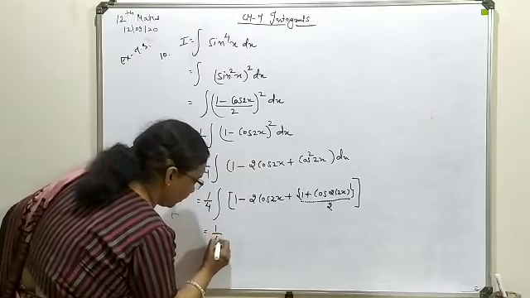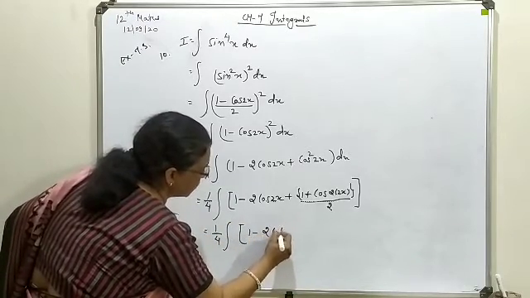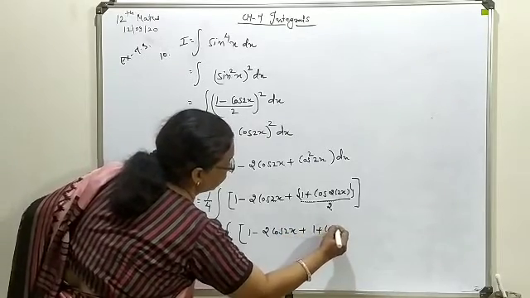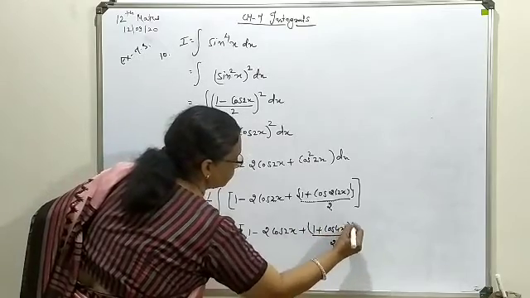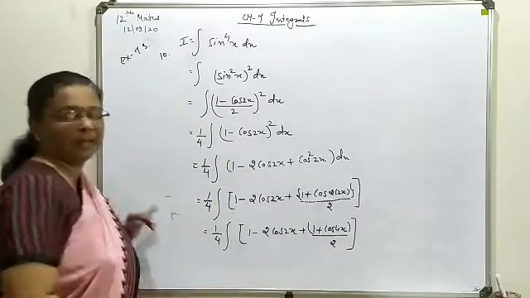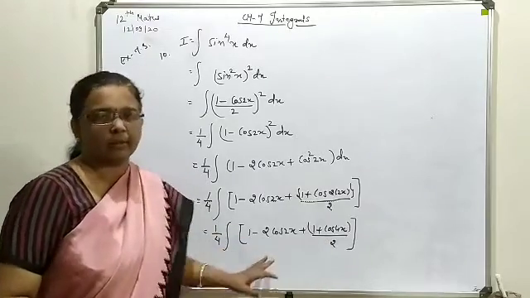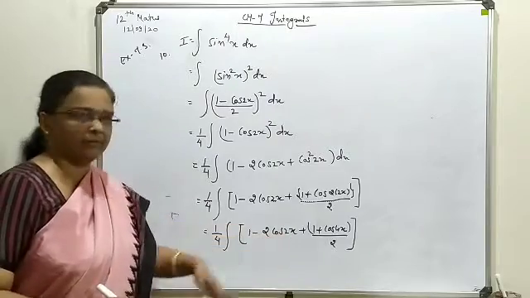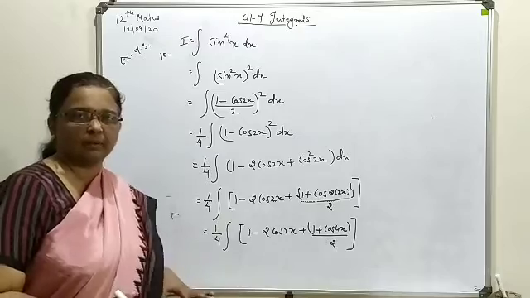So this is your 1 by 4, 1 minus 2 cos of 2x plus 1 plus cos of 4x whole by 2. At this stage again it is not possible to proceed, means separately we have to combine like terms, constant combined with the constant, or other angles, you just make them combined.